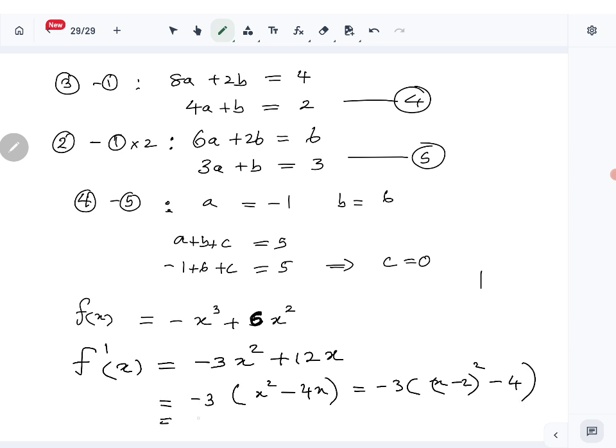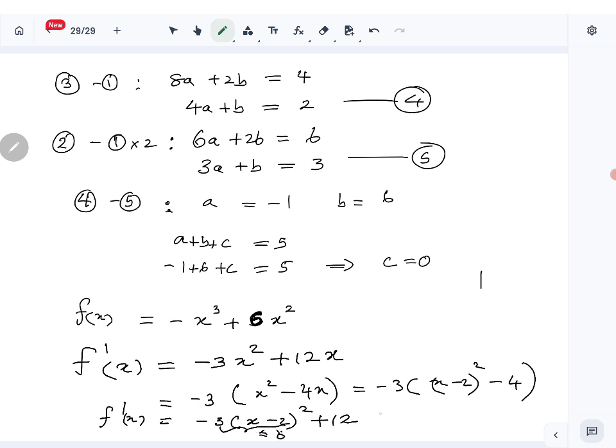So what do you get? f dash x is minus 3(x minus 2) squared plus 12. This is the gradient function. So what's the highest value? The maximum value the gradient function can take is 12, because the first part is always less than or equal to 0.